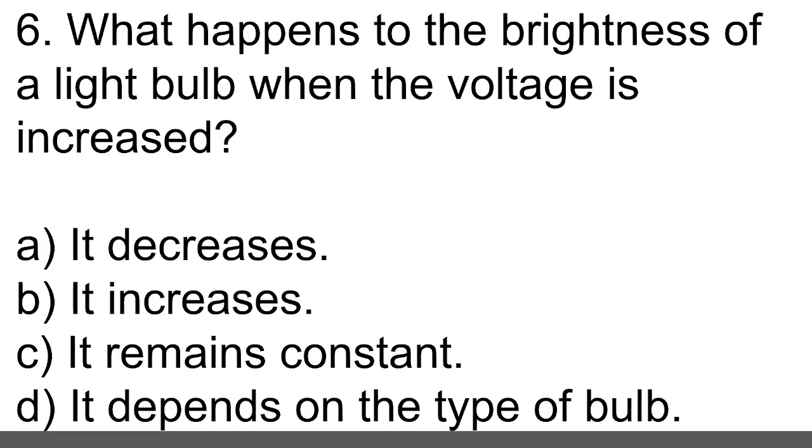B, it increases, it gets brighter. C, it remains constant, nothing happens. And D, it depends on the type of bulb used. What do you think is the answer? This refers to voltage and brightness.